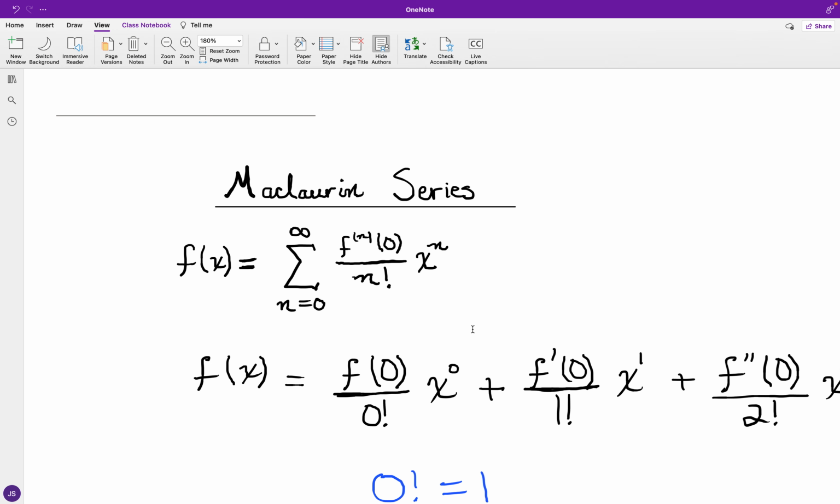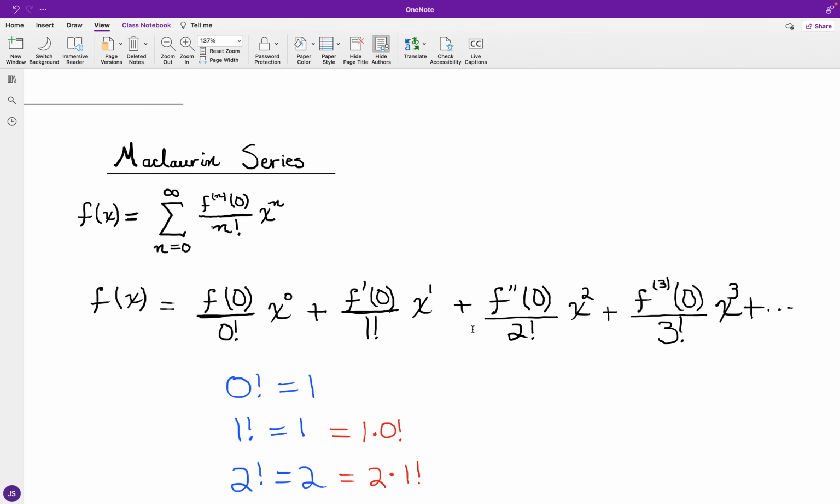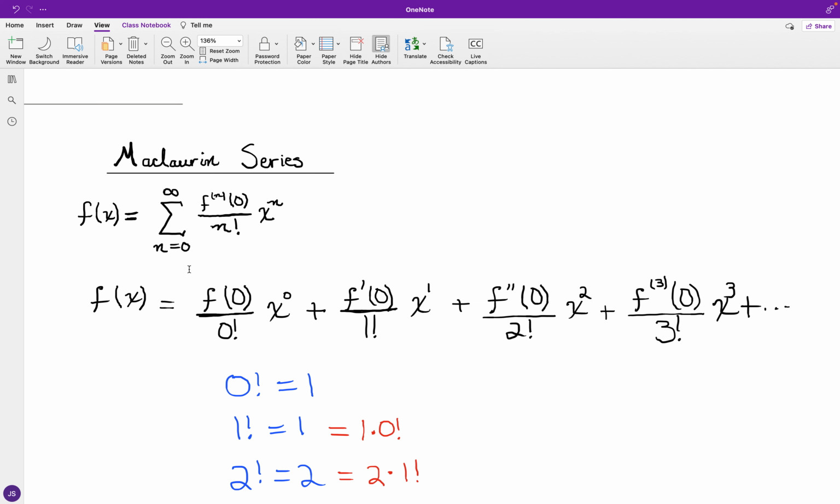Just to give you an expanded notation, if I take the first few terms of the series, starting from n equal to 0, you have f of 0, no order in the derivative, all over 0 factorial times x to the 0, and again x to the 0 is equal to 1, plus f prime of 0 over 1 factorial times x to the first, plus the second order derivative of f at 0 over 2 factorial times x squared.